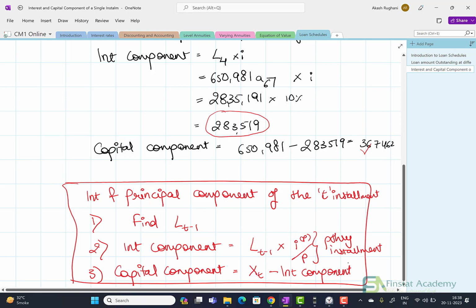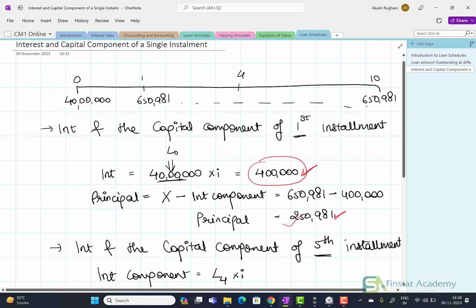Cool. So I'll use this now as a formula through and through to solve any sums, but this is only for one installment, guys. I'm not talking about multiple. I'm talking about a single installment.